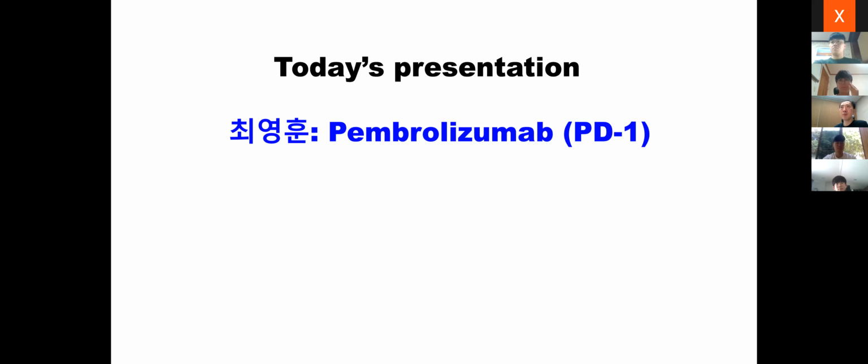US President Jimmy Carter was diagnosed with cancer, and his life expectancy was not so long, but by treatment of this drug, he was fully cured. So that's why it became quite famous.